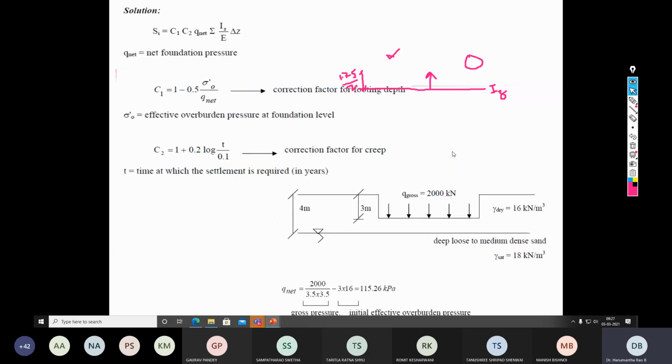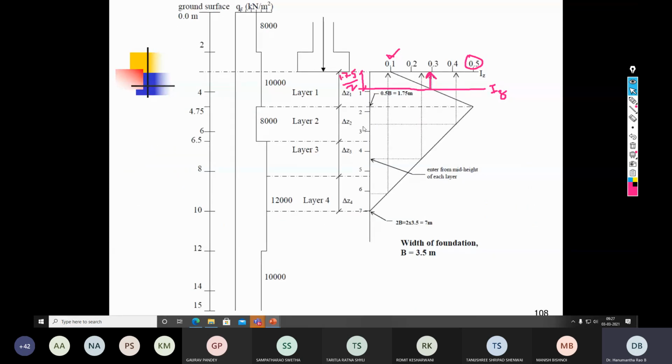Now for the second layer, layer number 2, it starts at a depth of 4.75 and ends at a depth of 6.5. The maximum value for layer number 2 is 0.5 and the minimum value is not known.